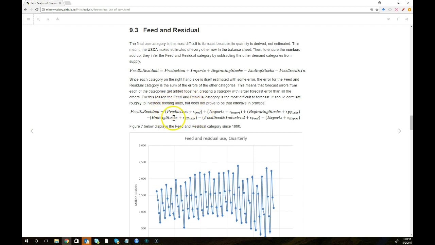So if we have an error in our estimate of production because maybe the USDA was off on their acres estimate, for example, or if they had higher error in the food, seed, and industrial category, both of those errors will get impounded in the feed and residual category, and that makes it kind of difficult to forecast.